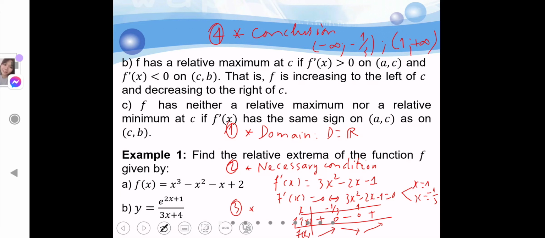And the last conclusion, the given function has a relative maximum at minus 1/3, and its maximum value equal f at minus 1/3, and the given function has a relative minimum, and its minimum value is f(1). Okay. We solve this.